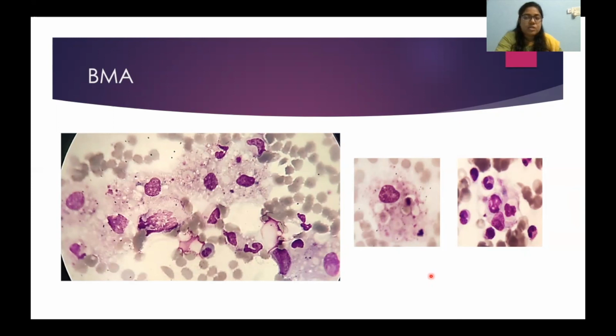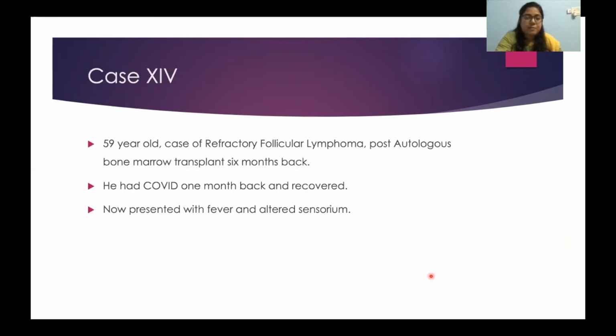So the diagnosis of HLH is confirmed. I am not going into the detailed treatment of HLH. Obviously, you have to treat them with steroids and all, and control the primary disease.